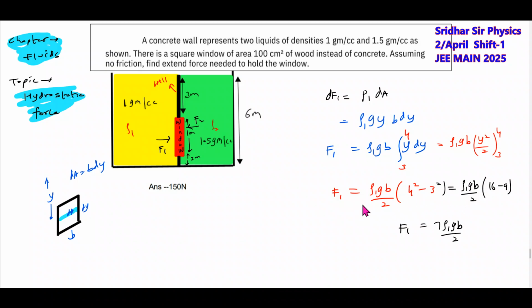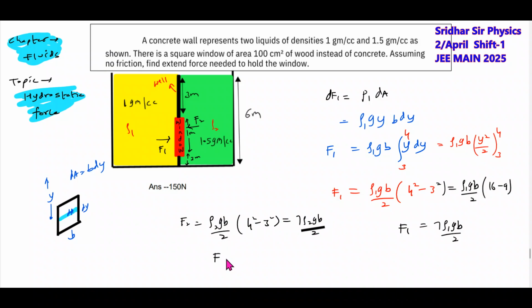This is the total force. Similarly, F2 you can solve the same way: 7 rho 2 g B by 2.